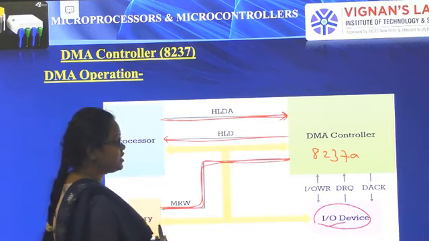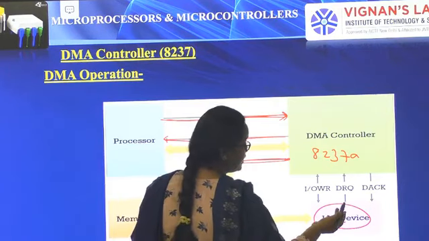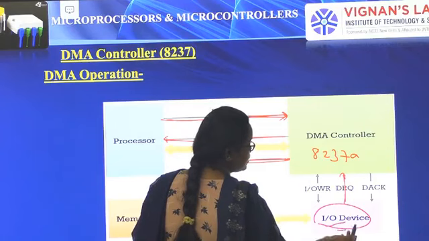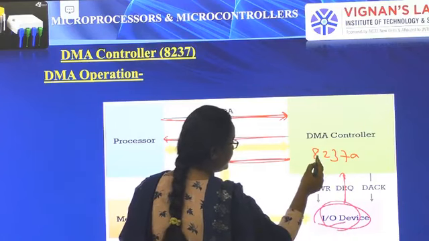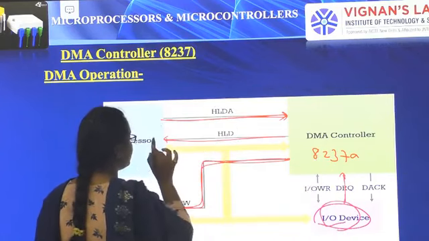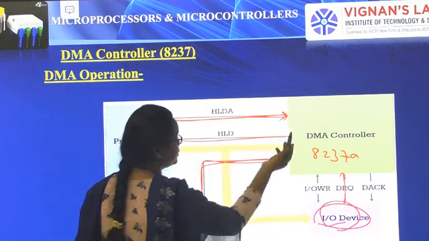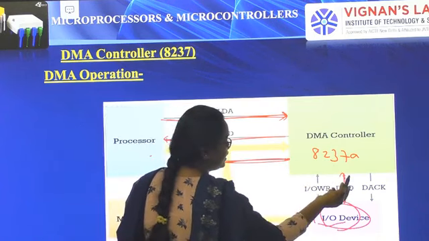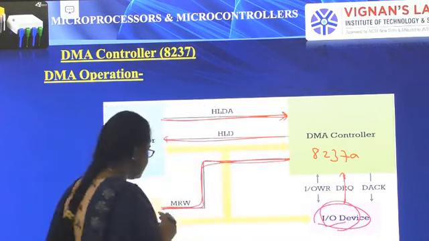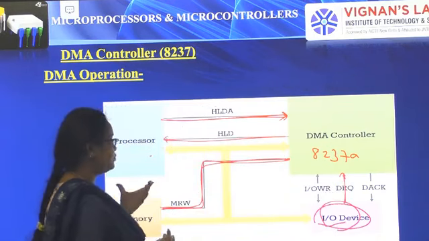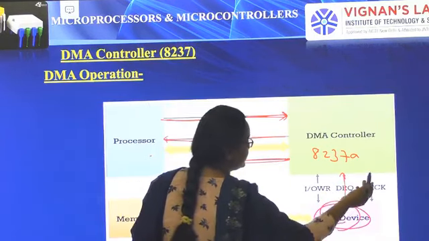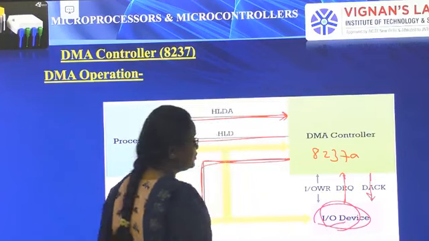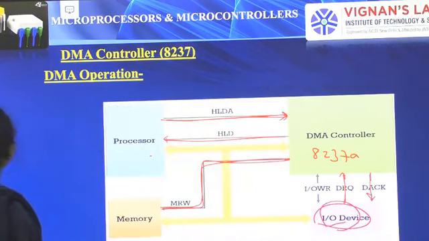So by using DRQ, input output devices send a request to the DMA controller, and it asks the processor. Then the processor gives the hold acknowledgement to the DMA controller, and it handles all the operations, and gives the acknowledgement to the input output devices. And this is our DMA operation.